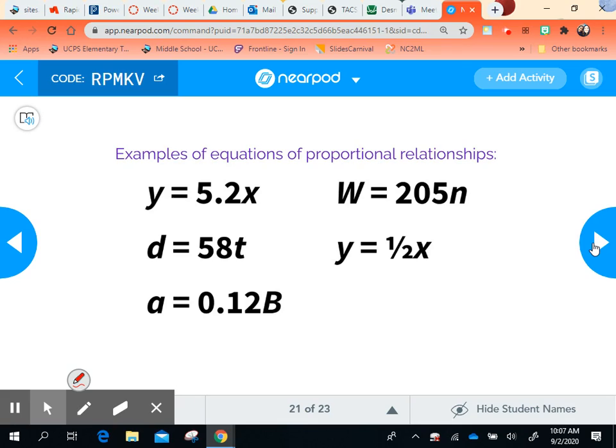So these are a couple examples. You may want to write them down. You may not. It's up to you if you want to remember. This might be a good one to write down, as well as if we had y equals x over 2. So those are some good examples for you to keep.